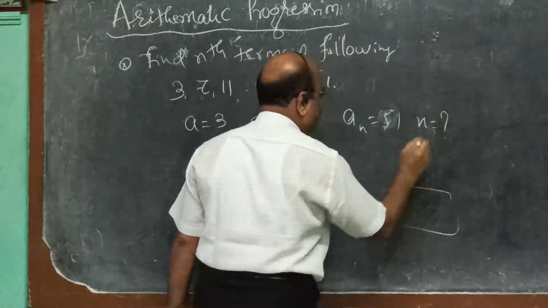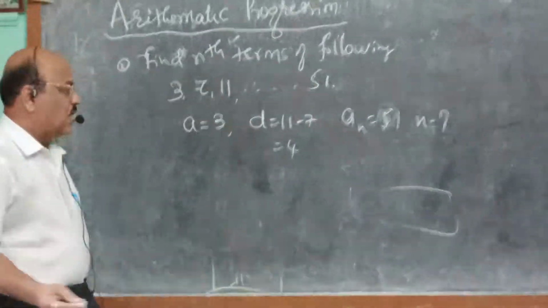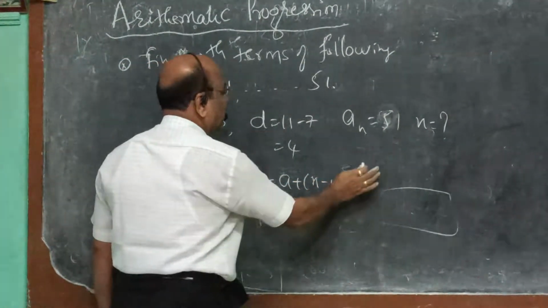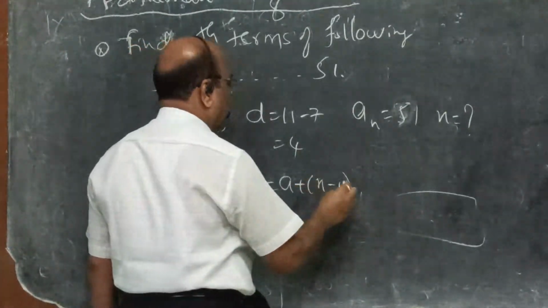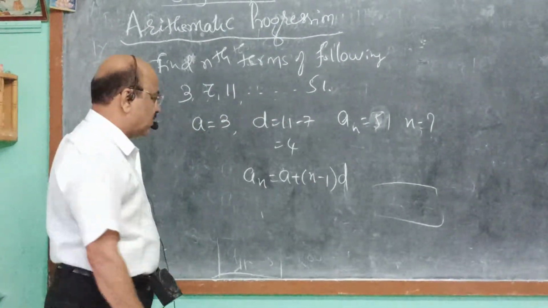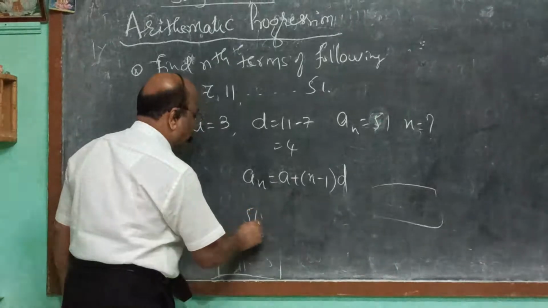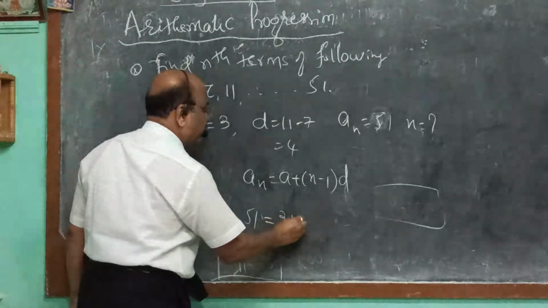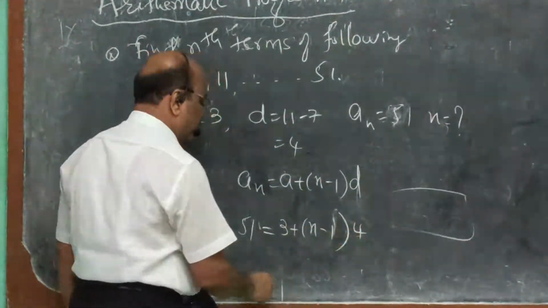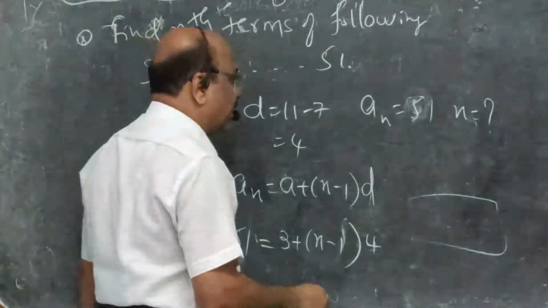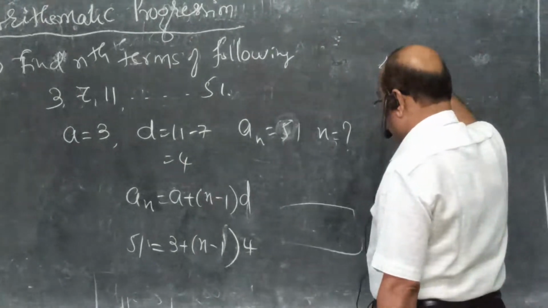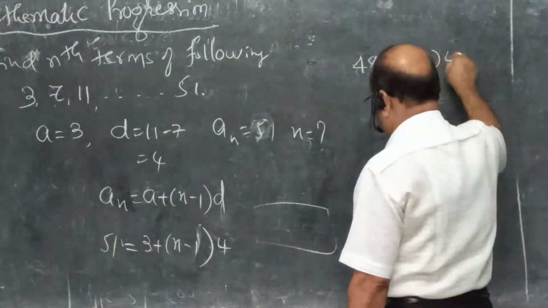So first question is n equal to how much. Take here an equal to a plus n minus 1 into d. In this case, we have to find out how many terms are there. So an equal to how much? 51. a is 3. n we don't know. And d is 4. So transfer this 3 to this side. What do you get? 48 equal to n minus 1 into 4.